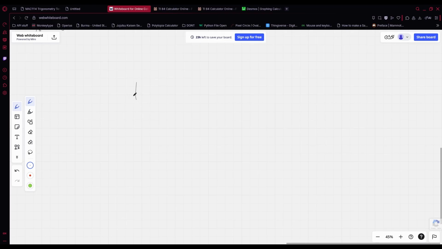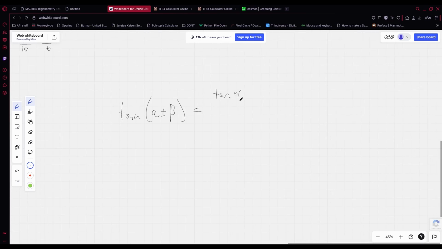So the one for tangent of alpha plus or minus beta, I believe, is equal to tangent alpha plus or minus tangent beta over 1 minus or plus, so it's the inverse of whatever sign this is, and then it's tan alpha tan beta.